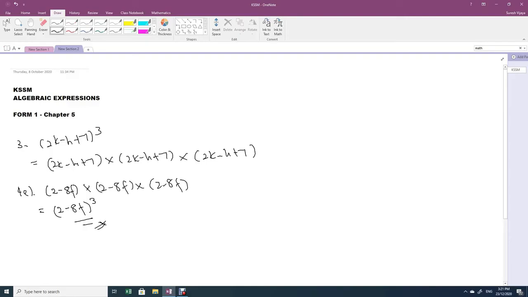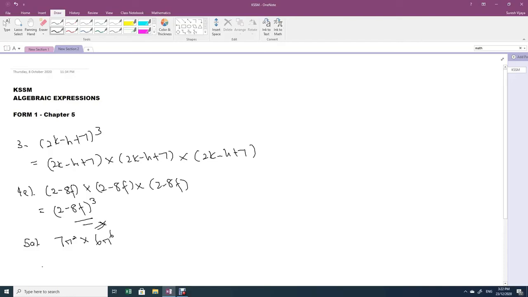Now let's try question 5. Question 5a will have 7n squared times 6n to the power of 6.